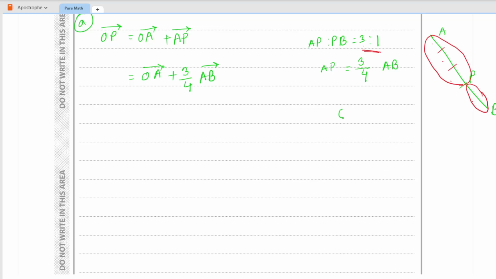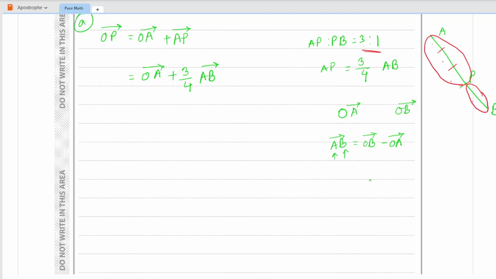In our case, the reference point is O, and we are describing the position vector of point A, and we write OA. Similarly, we write OB. So AB is the position vector of the final point minus the position vector of the initial point.